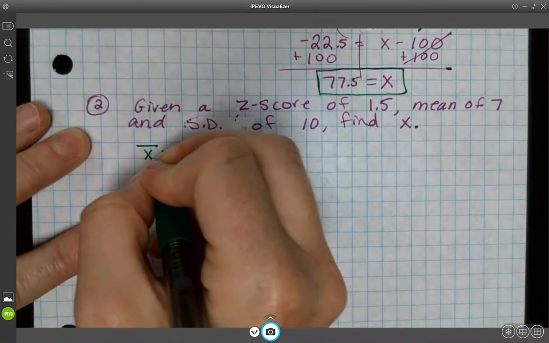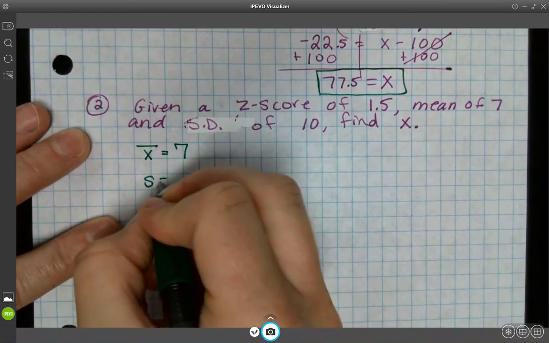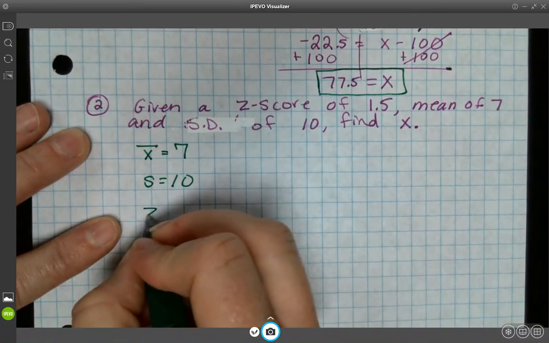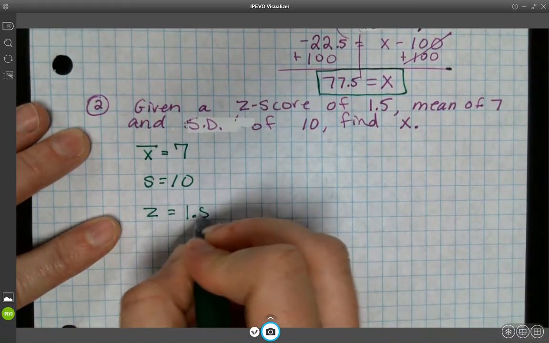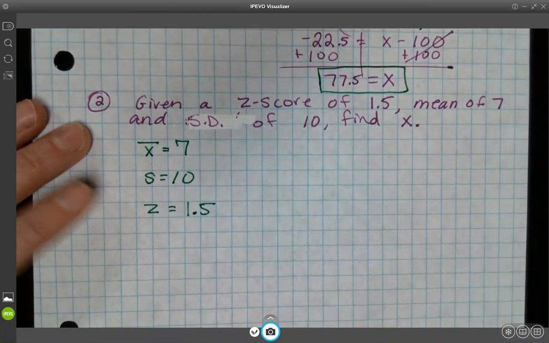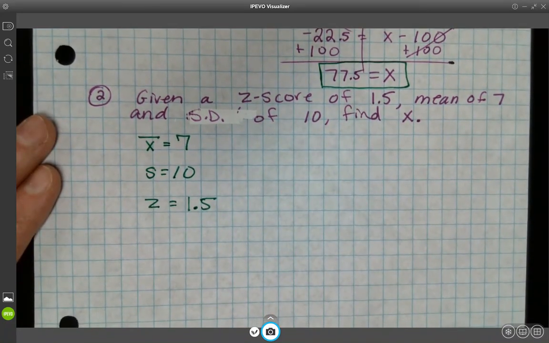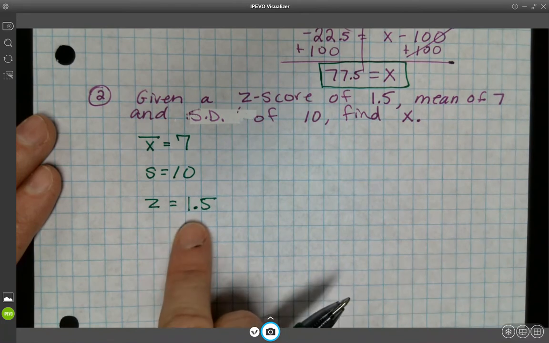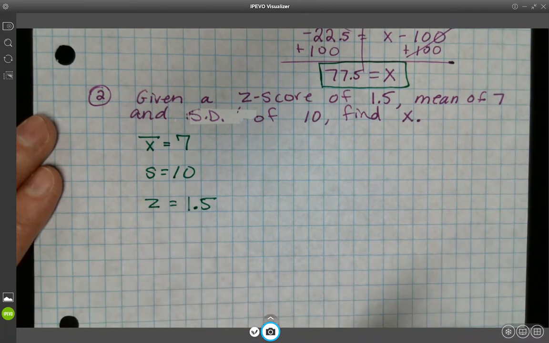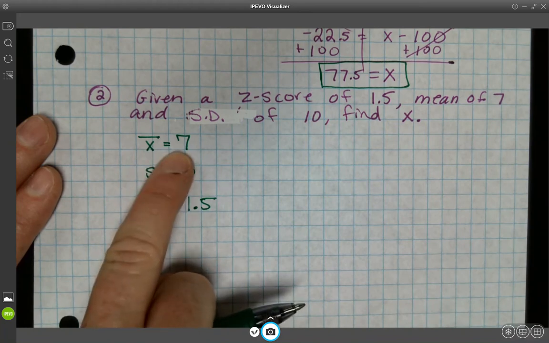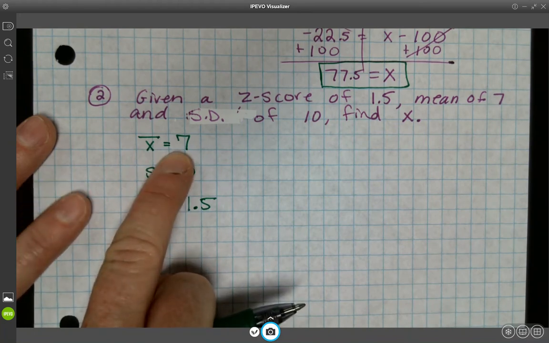I'm going to write down the important information. So this is 1.5 standard deviations, so it's above. It's going to be above 7 by 1.5.